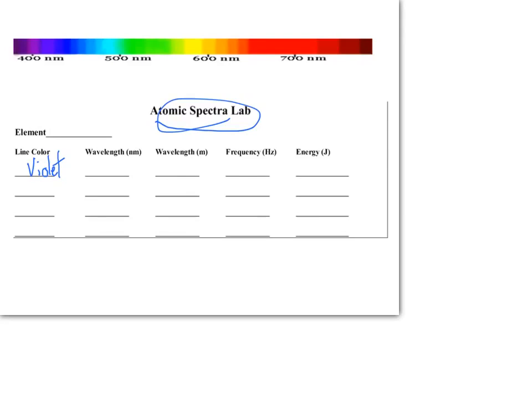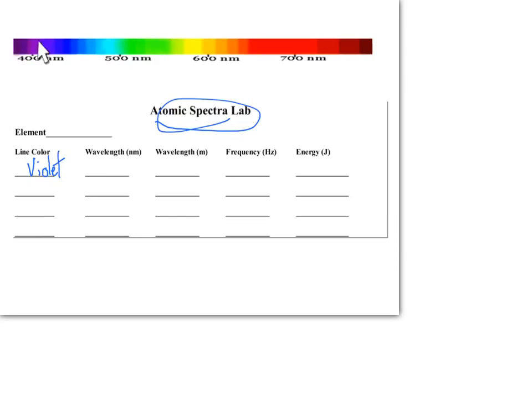Then I'm going to look at the colors right here and estimate what wavelength that is. For example, I'm going to say it's maybe 410 nanometers. See how the violet is around 400?